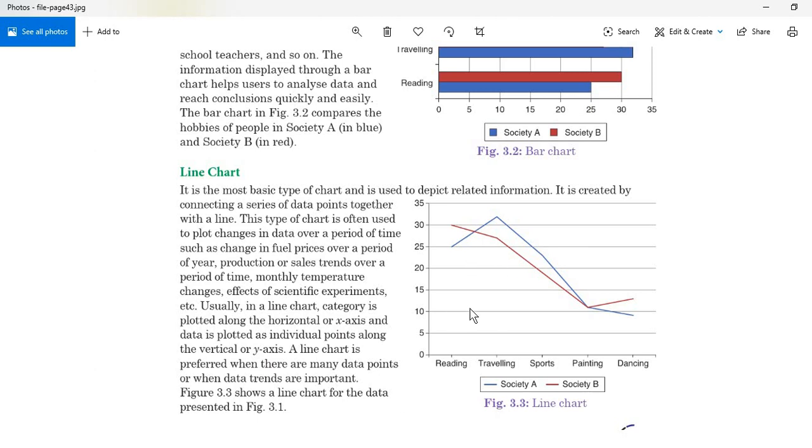A line chart is preferred, see this is a nice question, when line charts are preferred over other charts, right? A line chart is preferred when there are many data points or when the data trends are important.